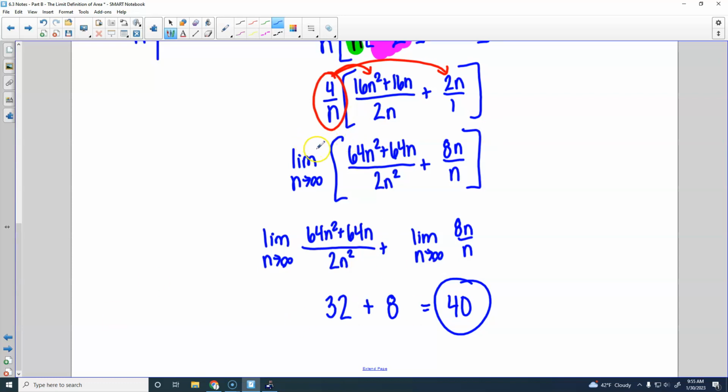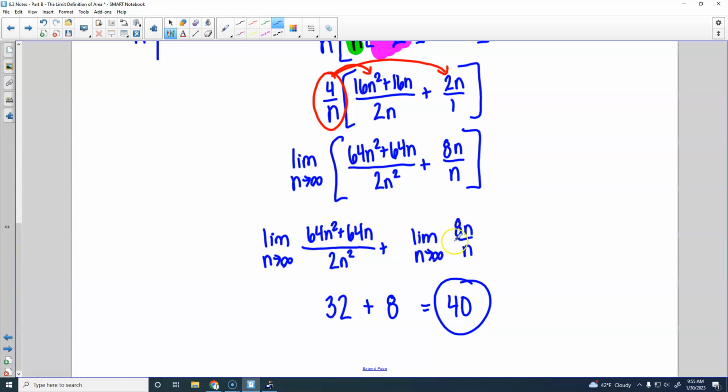Whenever you're doing a limit of two things that are added together, you can just do the limit of each one of those separately and then add those answers together. For the first part, the exponents are the same, so divide your coefficients: 64 divided by 2 is 32.